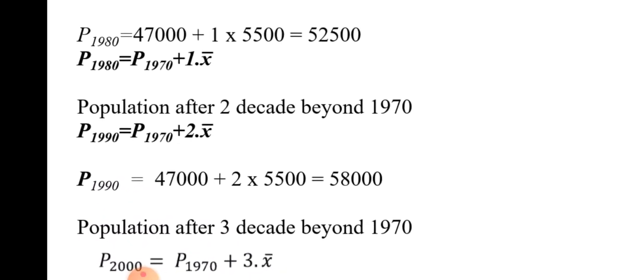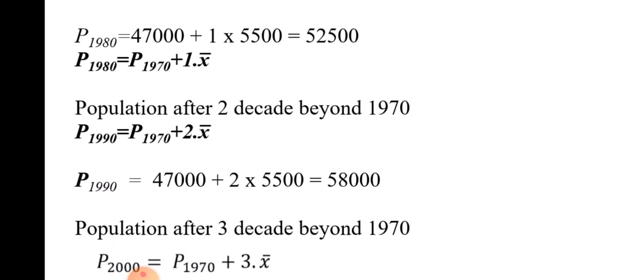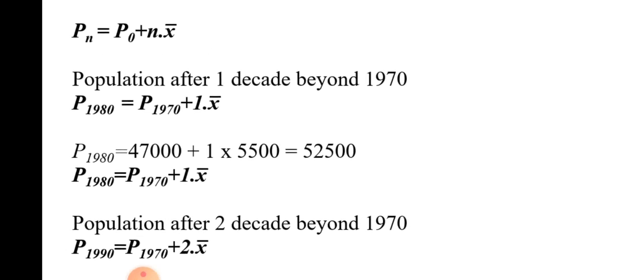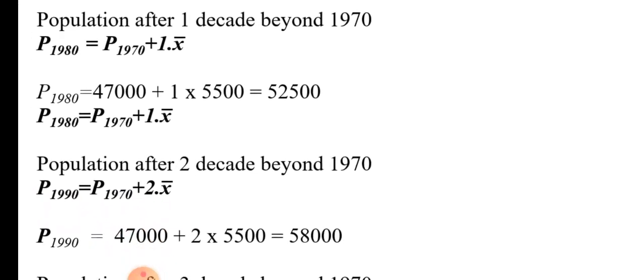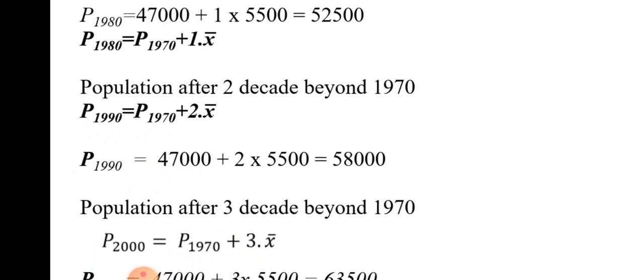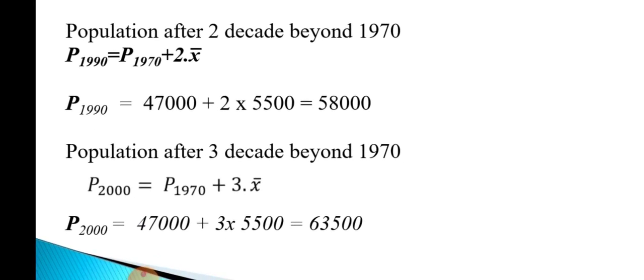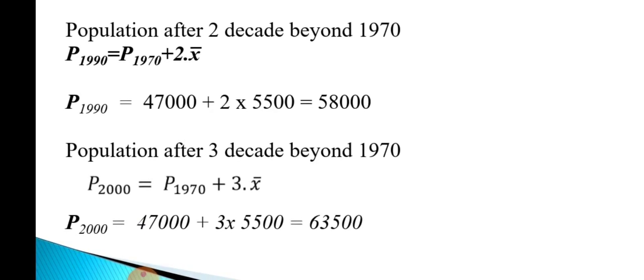Similarly, the population after 2 decades beyond 1970, that means 1990. Here n is equal to 2, x bar we have computed, and the present population is the population in 1970. From this expression, again you can substitute and obtain the population after 2 decades.